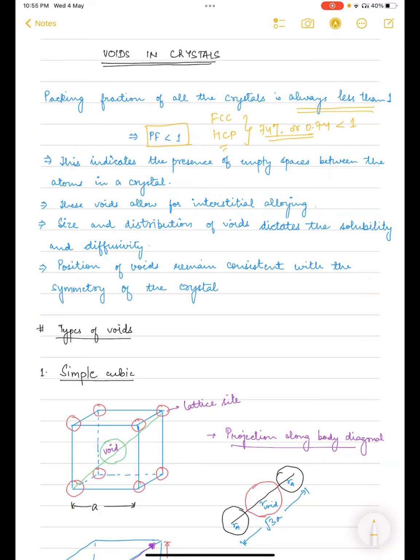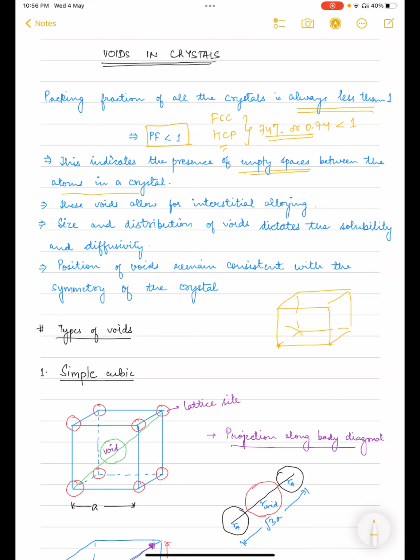So, what does this indicate? This clearly tells us that there are empty spaces between the atoms in a crystal, and this can be justified. Suppose this is your cubic crystal and there are atoms whose centers lie on the vertices of this cube.